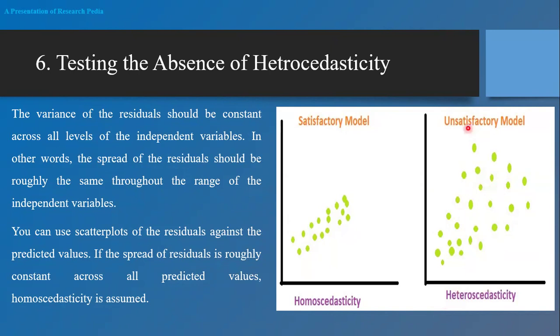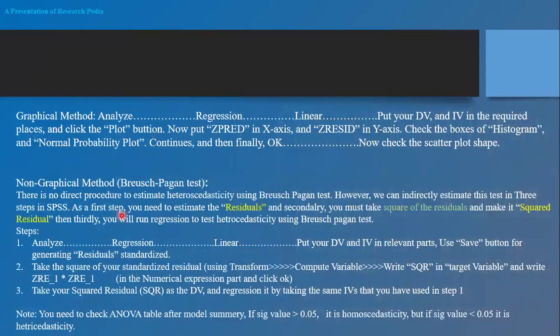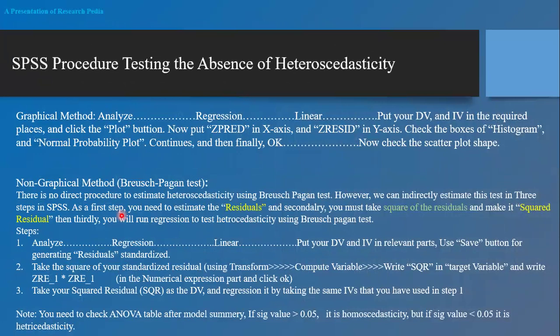In that case, it is an unsatisfactory model. So how can we test whether heteroscedasticity is absent or not? There is a procedure that you need to understand using SPSS in order to find out whether there is heteroscedasticity in the data or not.